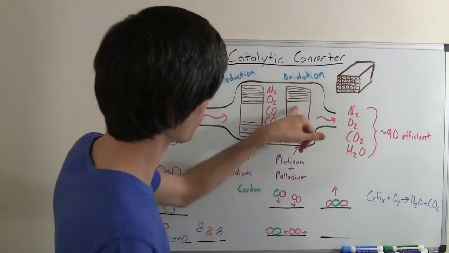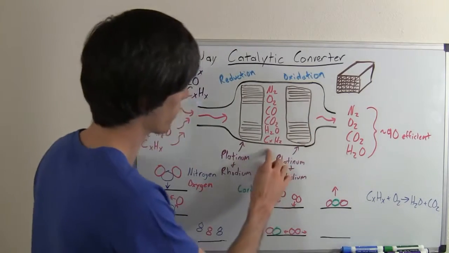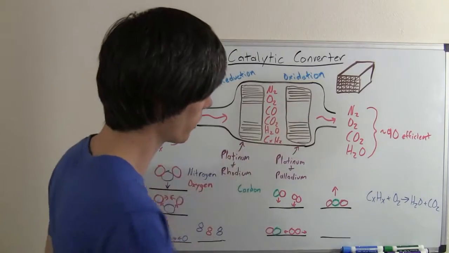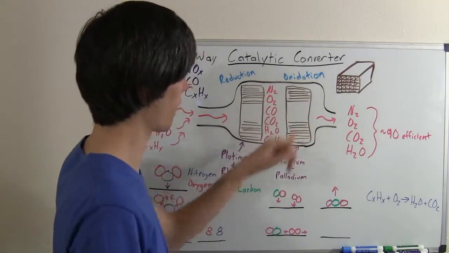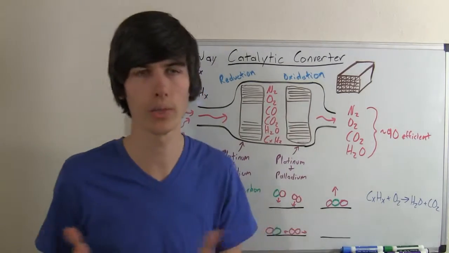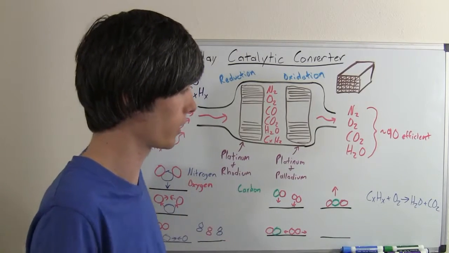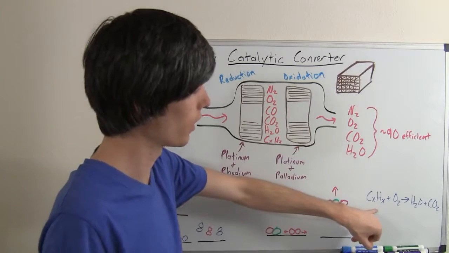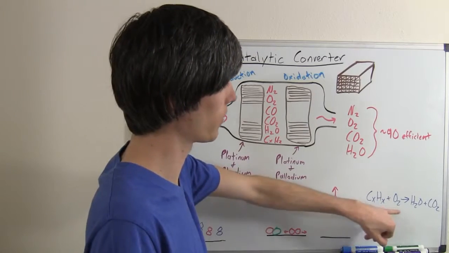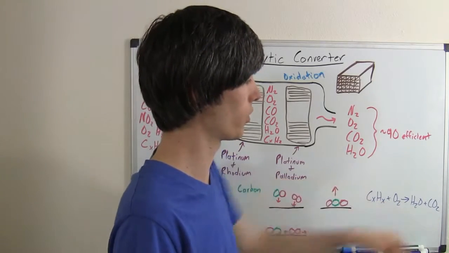Also within this, you're trying to get rid of these hydrocarbons. When we have these freed up oxygens and we've got hydrocarbons, if you haven't watched my video on air-fuel ratio, stoichiometric air-fuel ratio, that may help. Basically, your hydrocarbons and your oxygen are going to form H2O and CO2.